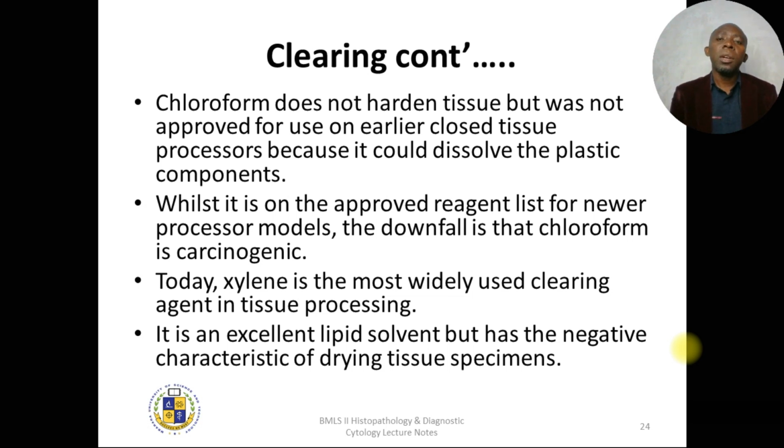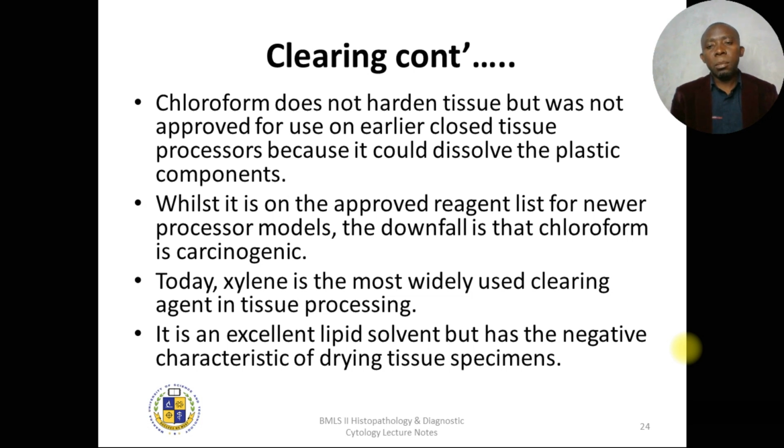So using chloroform would dissolve some of the components of the machine, rendering it not good for use. So it is listed on the approved reagent list for new processor models. The downfall is that chloroform is carcinogenic, so nobody would want to expose him or herself to a carcinogenic agent that would cause problems in the future, where somebody develops cancer.